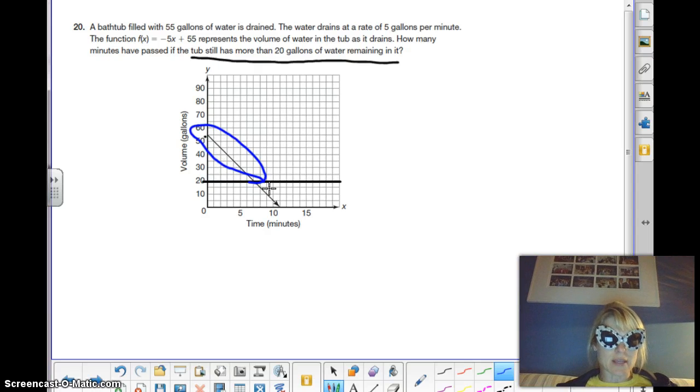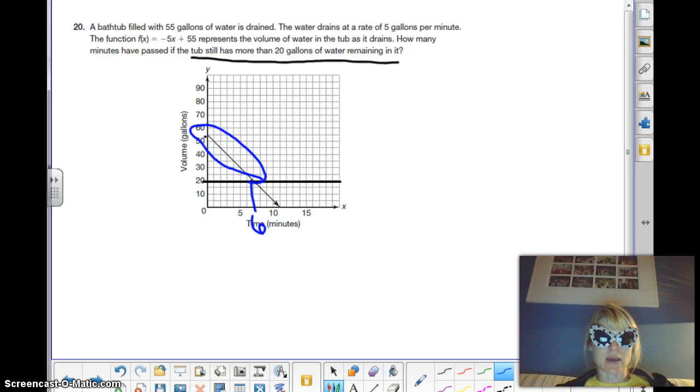So when we're talking about at 20 gallons, we can say that, let's see, 1, 2, 3, that's 6 minutes is at 20 gallons, right? So we want to know how many minutes have passed when there's more than 20 gallons, right? So we know 20 is at 6. So if it's above 20, look at our minutes. Our minutes are below 6 minutes.